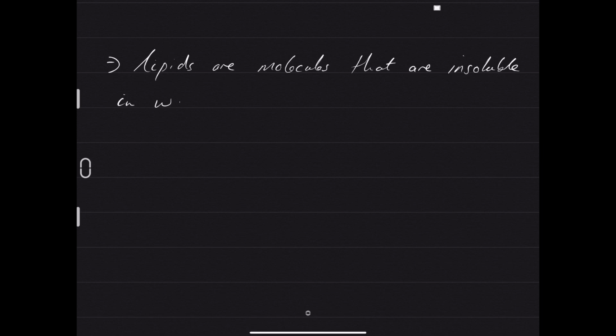You should be able to understand now why they would be insoluble in water. They have a hydrophobic section, which if you refer back to the video where we looked at the fatty acid molecule, the long hydrocarbon was our hydrophobic component of lipids. So this is where we get the insoluble nature of our lipids.